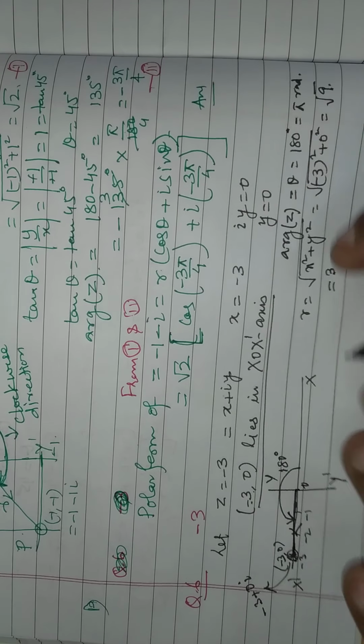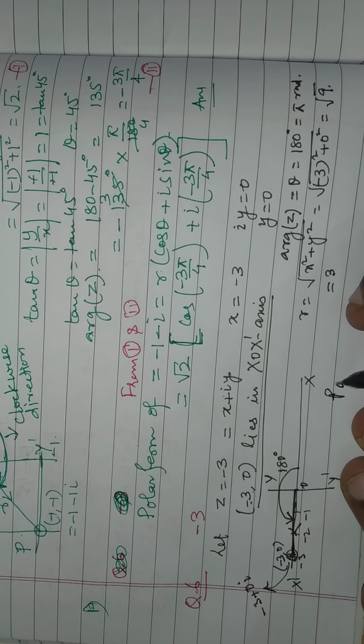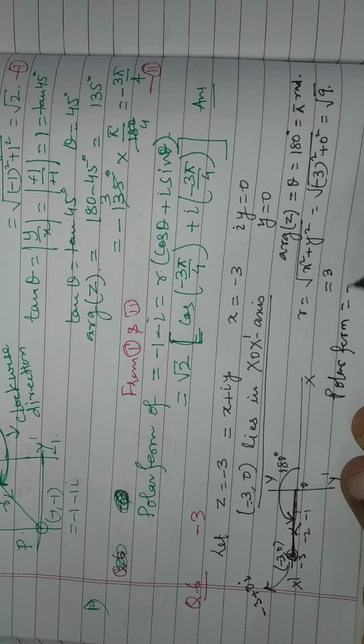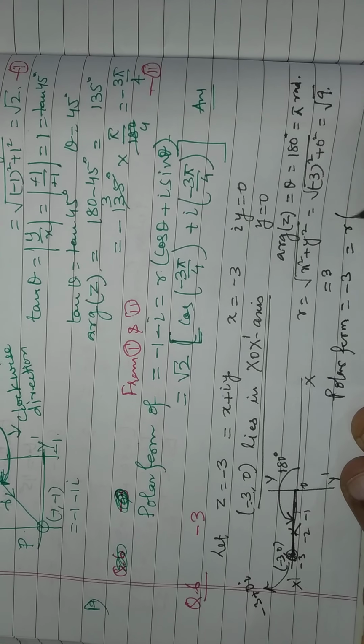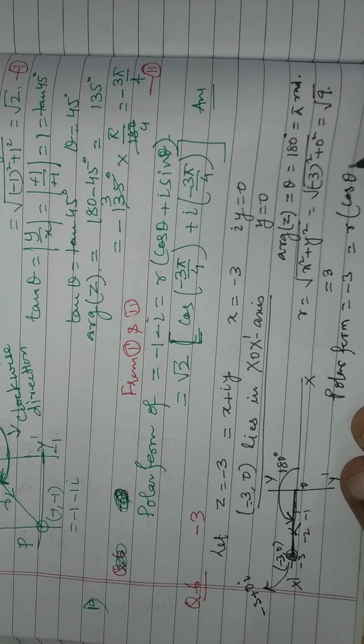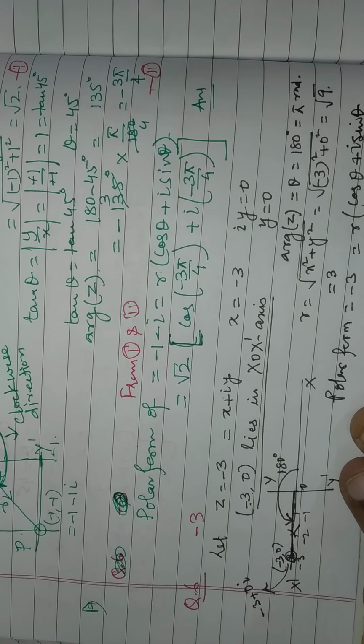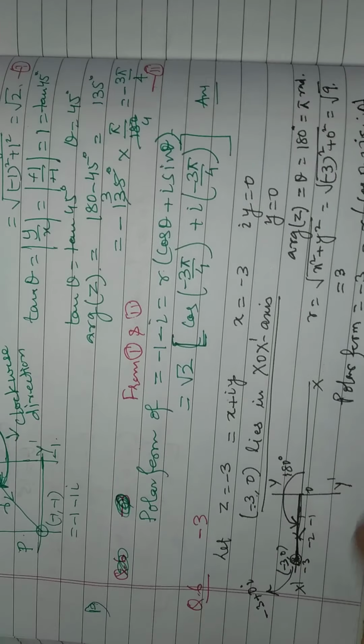So it is 3. Therefore the polar form of minus 3 is equal to r (cos theta plus i sin theta). So now I am writing over here, in place of r, we will write 3.